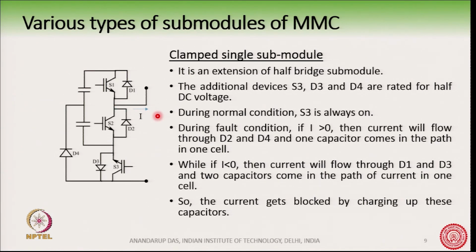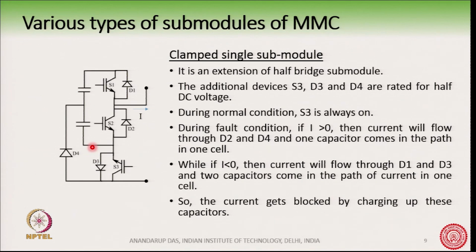The current is flowing out like this, so it will go in like this here, it will go through this D4, through this capacitor, D2 and like that, it will go out. Okay. You see, in the path of the fault current, this capacitor is present.